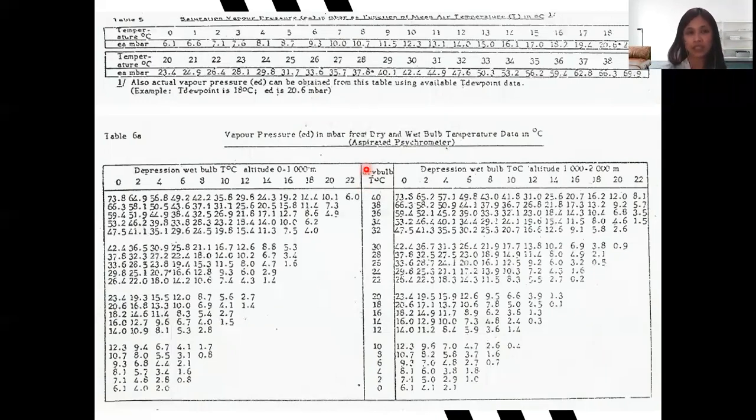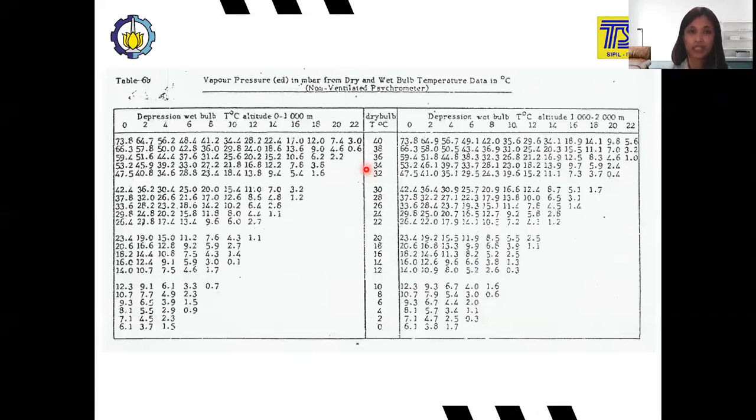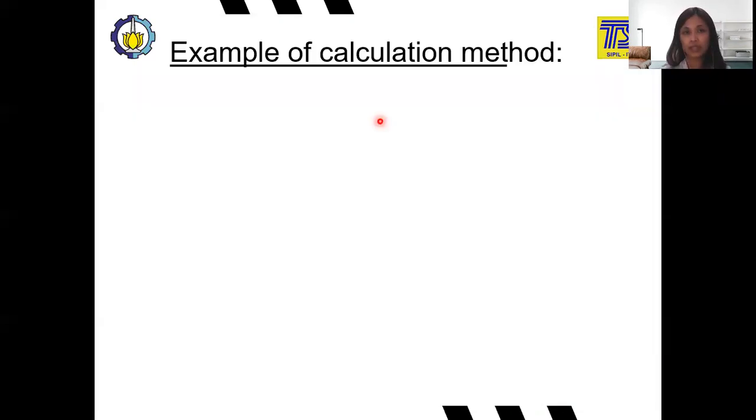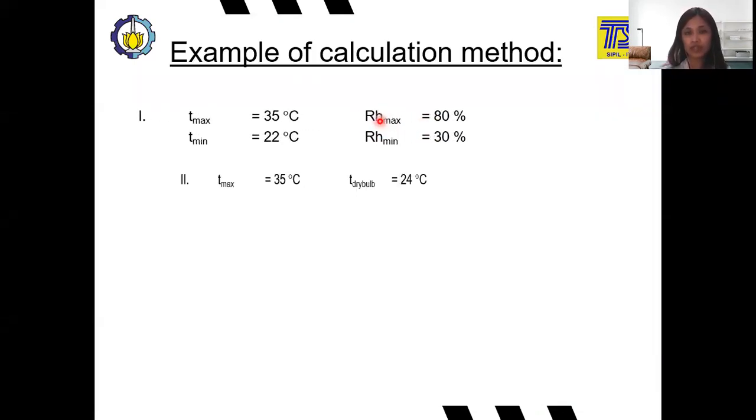Here it's for the non-ventilated psychrometer, but here is for the aspirated psychrometer. It depends on where the dry bulb temperature is measured, depending on the psychrometer. But if we don't use a psychrometer, we still can calculate it using another method.